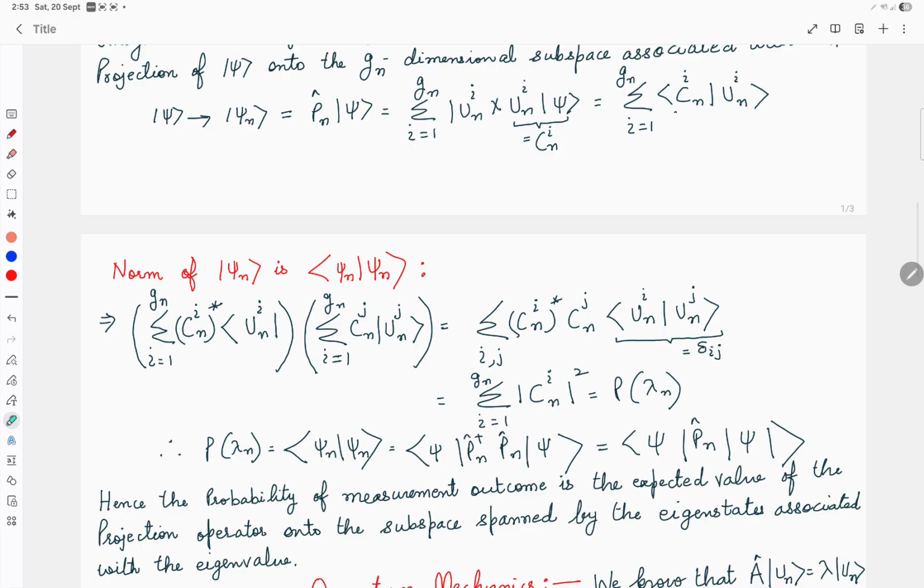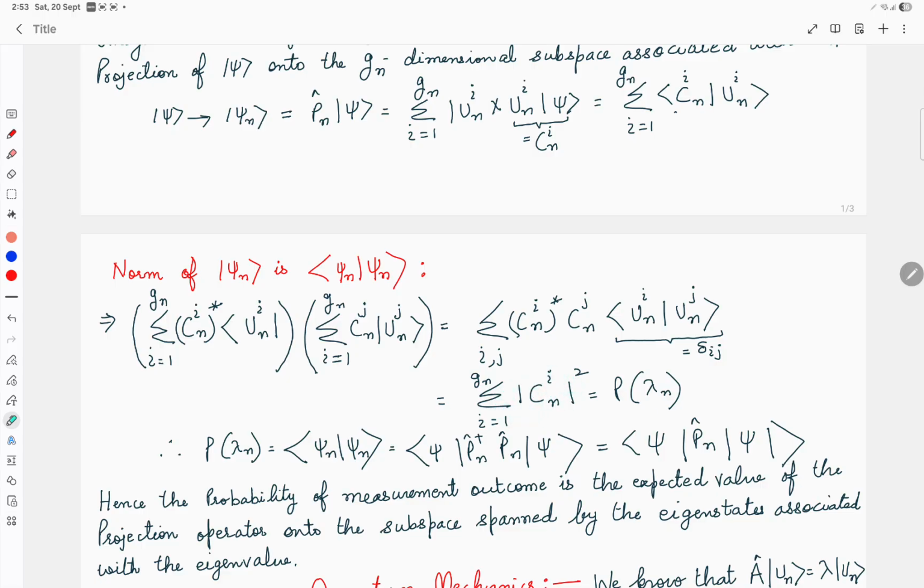Now if we try to calculate the norm of this state, we have the ket, we need to find the bra from here, and then you can find the norm. It will be equal to the sum over I from 1 to Gn of mod Cn I squared.